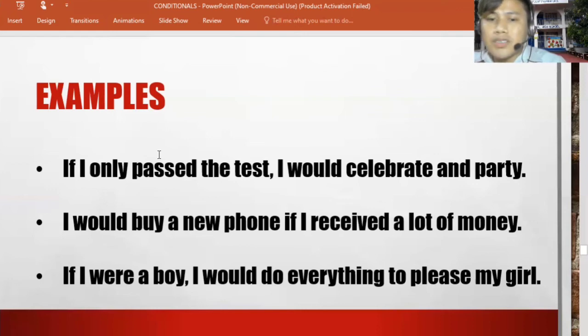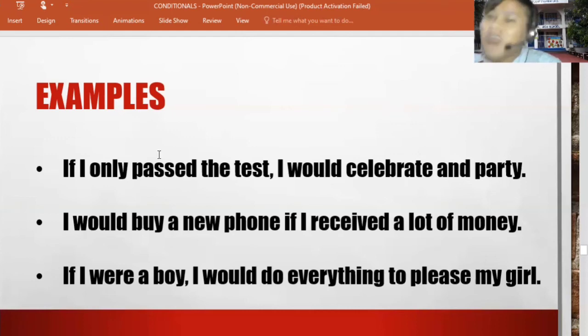Do you think it is impossible to happen? If I were to be asked, definitely not. If I have a lot of money, most probably I can buy a new phone.